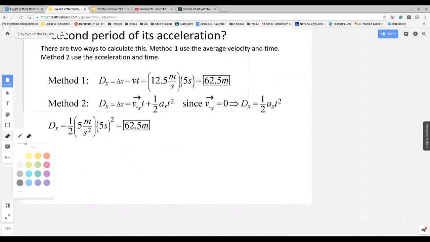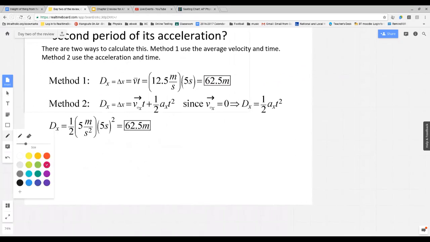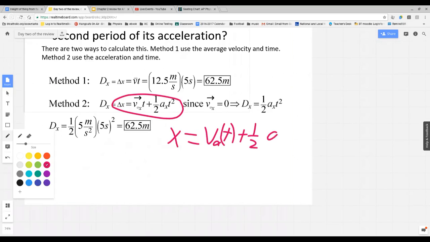All right, the other method that I have on here is using formula number 3 right here. That's formula number 3. So you have x equals v naught t plus 1 over 2 a t squared.